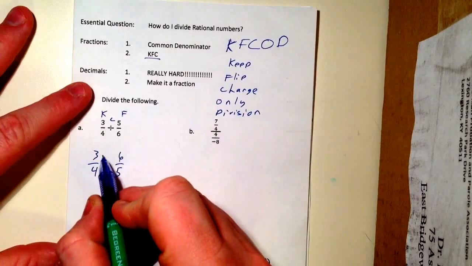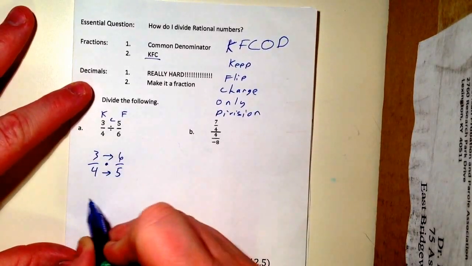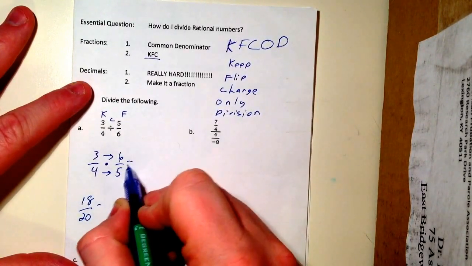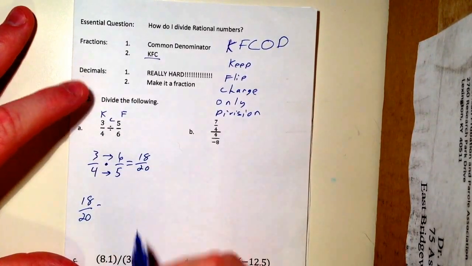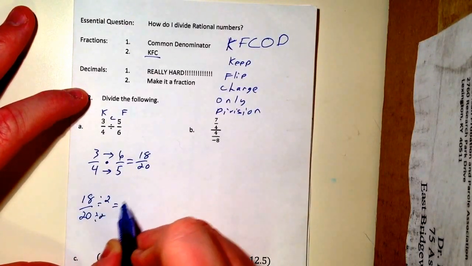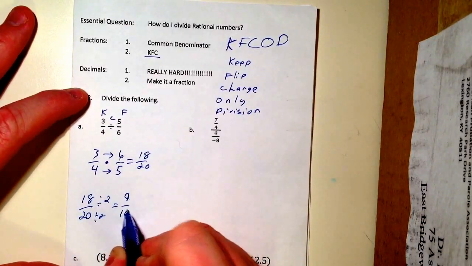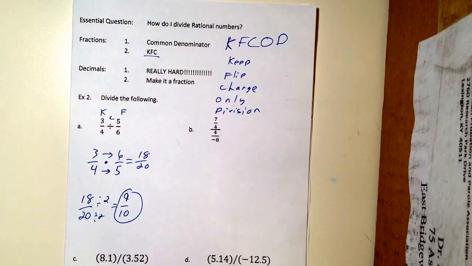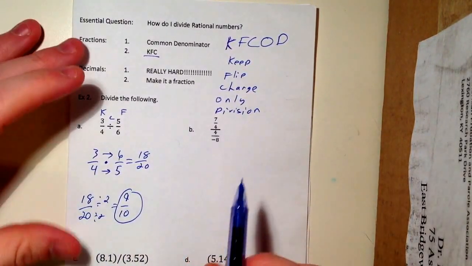The nice part now is tops times the bottoms: 18 over 20. Then I ask, what goes into 18 and 20? 2. And I get 9 over 10, and there's my answer. So it's very simple. Besides multiplication, it's very easy as long as you know what it is.